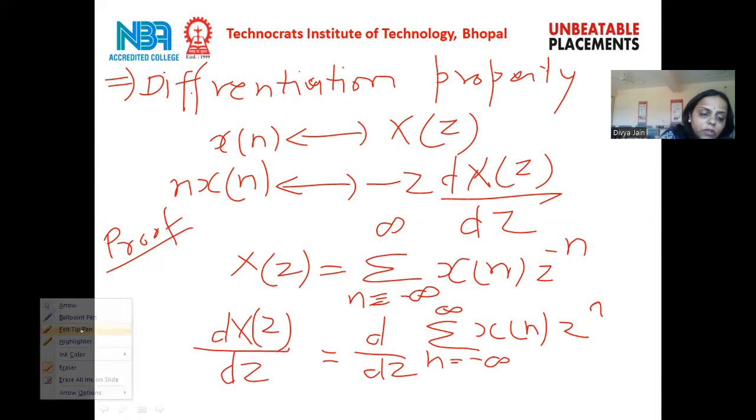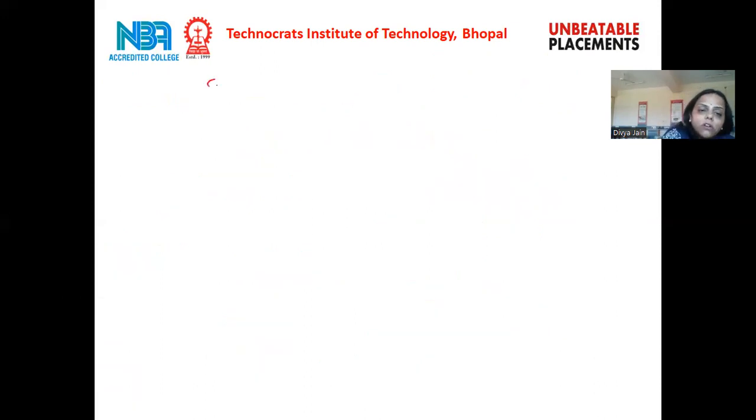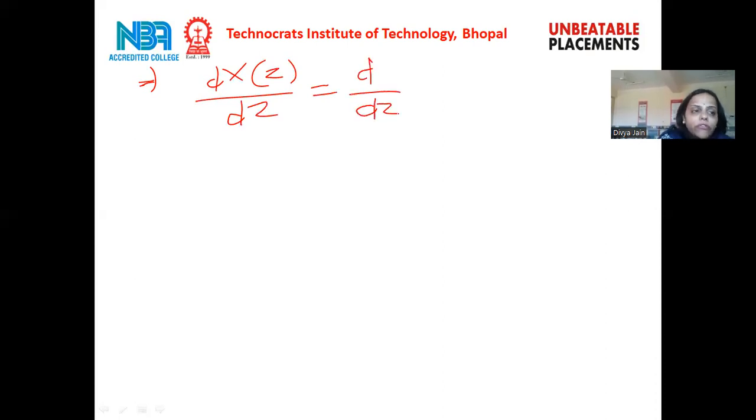Z to the power minus n. Now take the differentiation of right hand side. So d X(z) by dz is equal to d by dz of summation n equals minus infinity to infinity x[n] z to the power minus n.